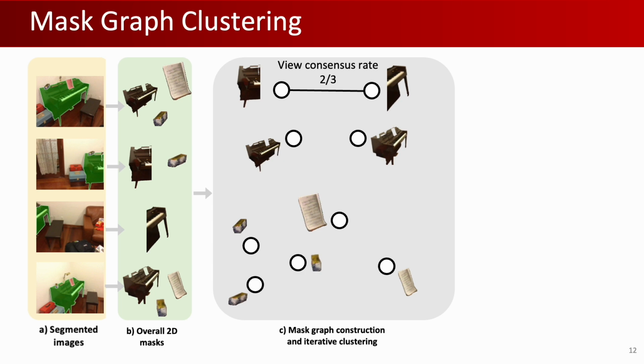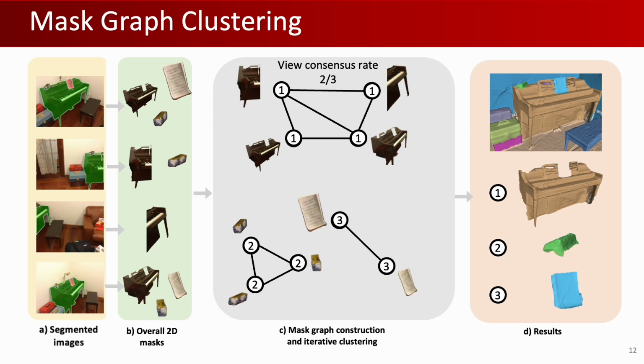Since it surpasses a certain threshold, we connect them with an edge. We repeat this process for all nodes, establishing edges accordingly. Next, we use a classic graph clustering method to group masks into several clusters, with each cluster representing a 3D instance. Within each cluster, we merge the mask point clouds to obtain the final 3D instance mask.